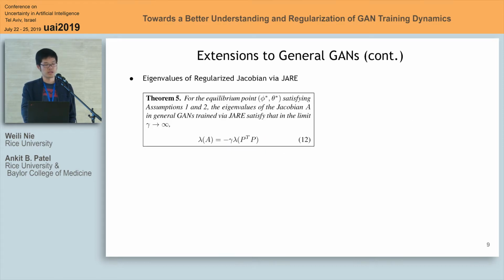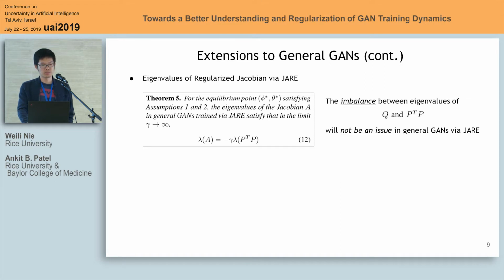So how about the eigenvalues of the Jacobian trained by JRAR? Here we found it's quite interesting that in the limit of gamma going to infinity, the eigenvalue trained by JRAR only depends on P transpose P, which means the imbalance between eigenvalues of Q and P transpose P will not be an issue in general GANs if trained by JRAR.